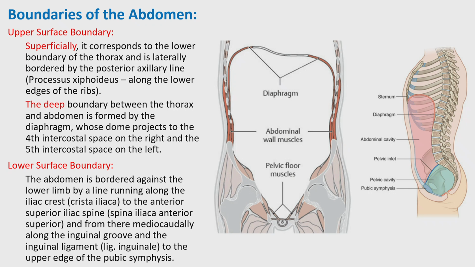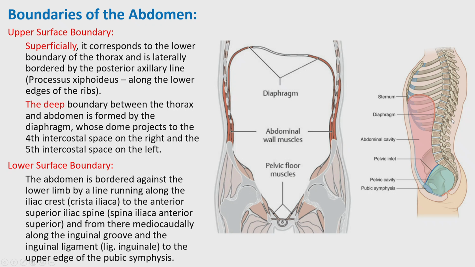Before we start with the abdomen reference lines, we have to say again the border of the abdominal cavity, or border of the abdomen. Superficially it is the same as the lower border of the thorax. So it means that laterally it is bordered by the posterior axillary line, and it goes along the lower edge of the lung.